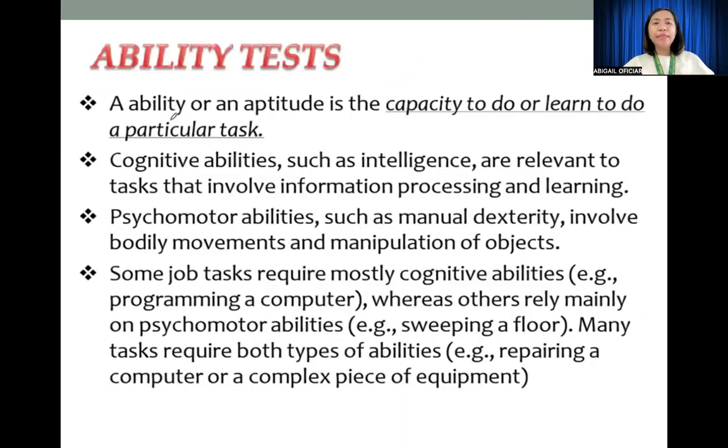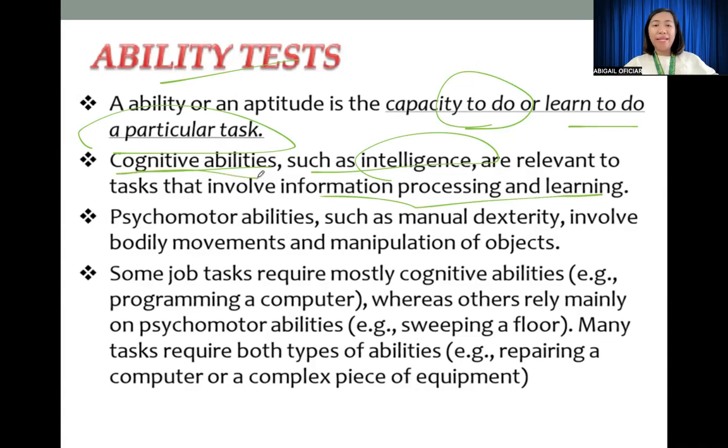So an ability or aptitude is the capacity to do or learn to do a particular task. So cognitive abilities such as intelligence are relevant to tasks that involve information processing and learning. So isa sa ability test na mini-measure natin in the assessment center is the cognitive ability. Okay.